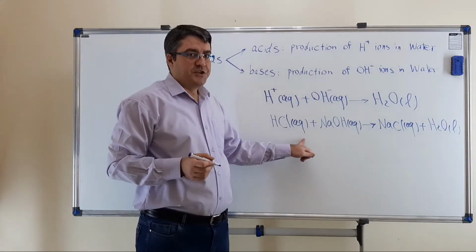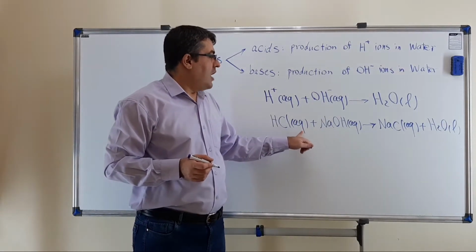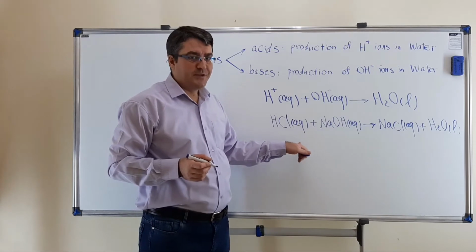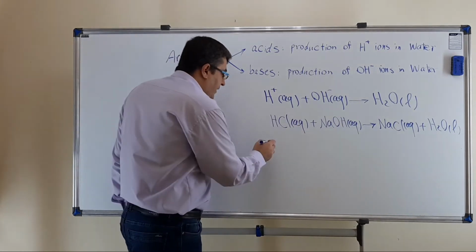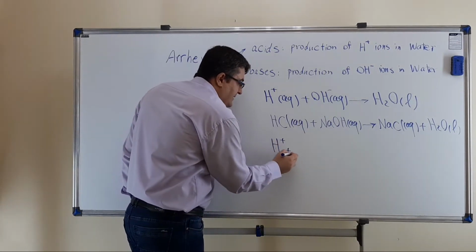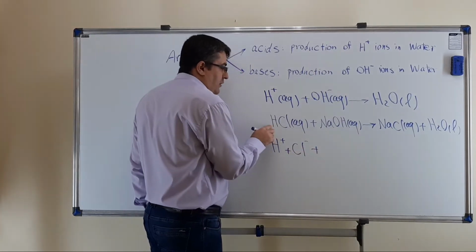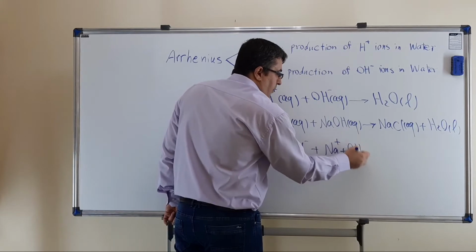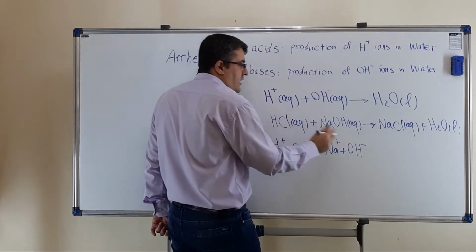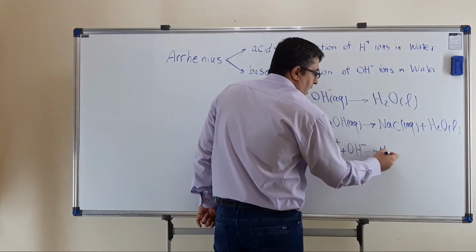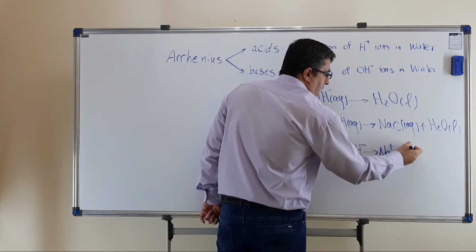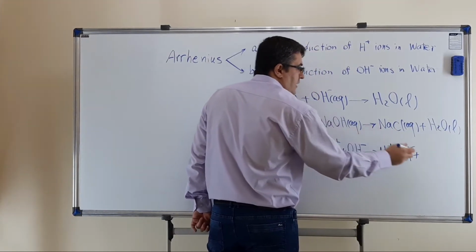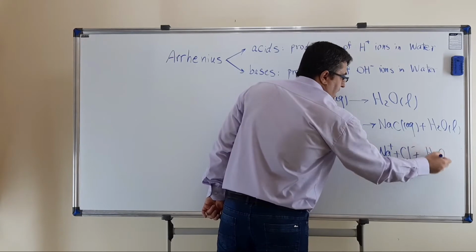If in this reaction we consider our substances in their dissociated form, we will have H+ and Cl- for hydrochloric acid, Na+ and OH- for sodium hydroxide, Na+ and Cl- for sodium chloride, and finally water.